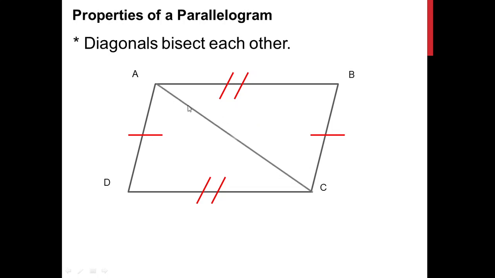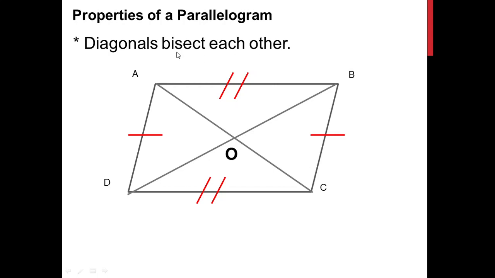So if I draw a diagonal line from point A to point C and another diagonal line from point B to point D, I have my diagonal lines here wherein I have the center, I label that one as point O. So the fourth property of a parallelogram says diagonals bisect each other.